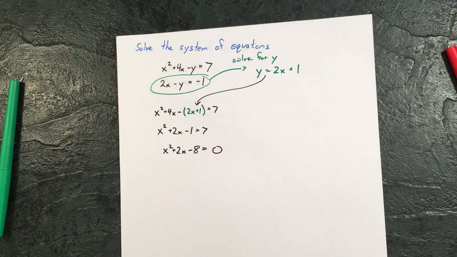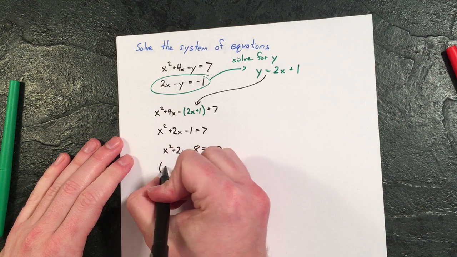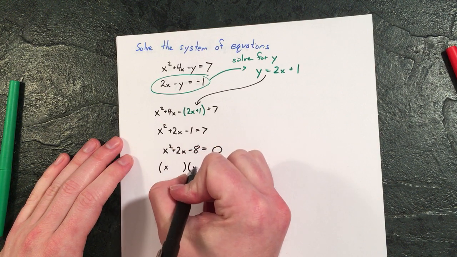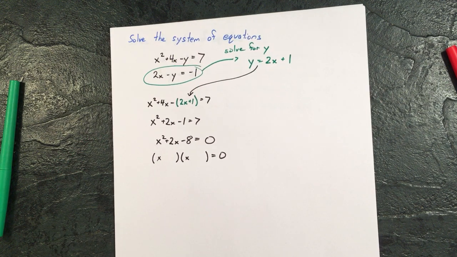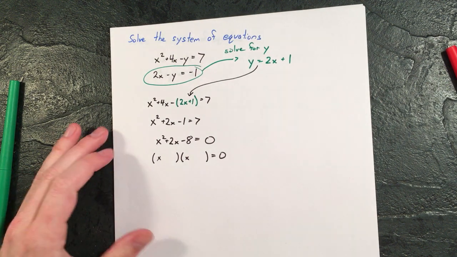Okay, so we should be down to x squared plus 2x minus 8 equals 0. Since we're in a nice quadratic form, let's try to factor. So we're looking for two terms that are going to multiply to negative 8 and then add to 2.